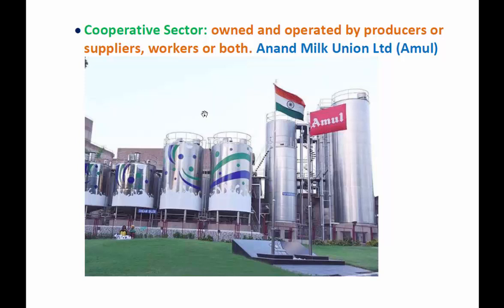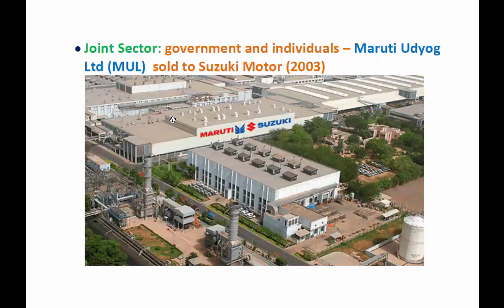This industry is in the cooperative sector, and most importantly, joint sector. Joint sector is an industry which is jointly undertaken by the government as well as by individuals. One of the best examples of joint sector industry, I should say, was Maruti Udyog Limited.